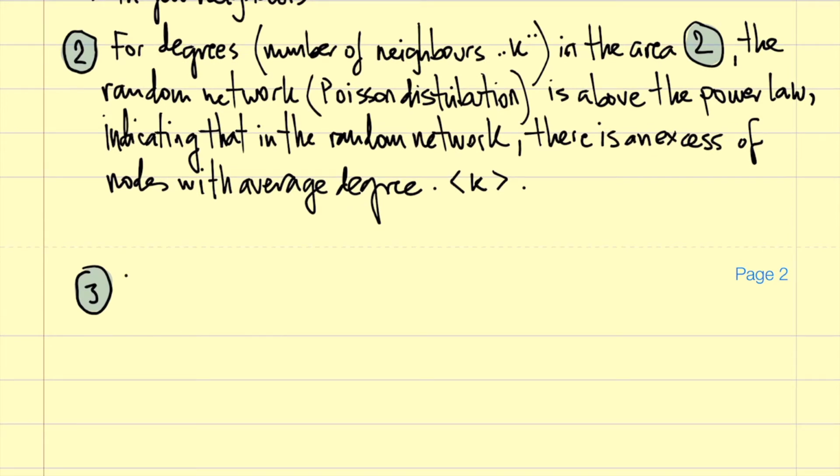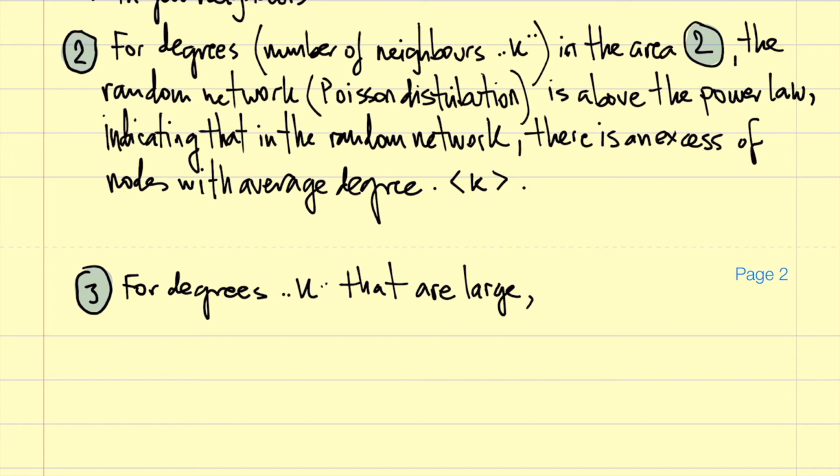So for degrees k that are large, the power law is above the Poisson curve.